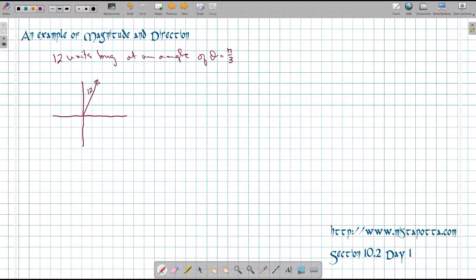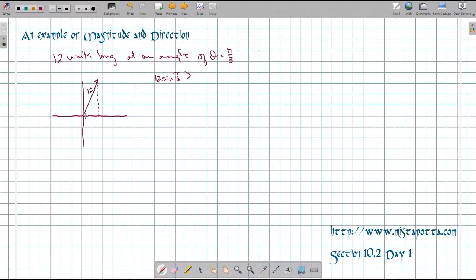So if I'm looking for the vertical component, the vertical component is my opposite, and this is my hypotenuse. So the vertical component is going to be 12 times the sine of pi over 3.